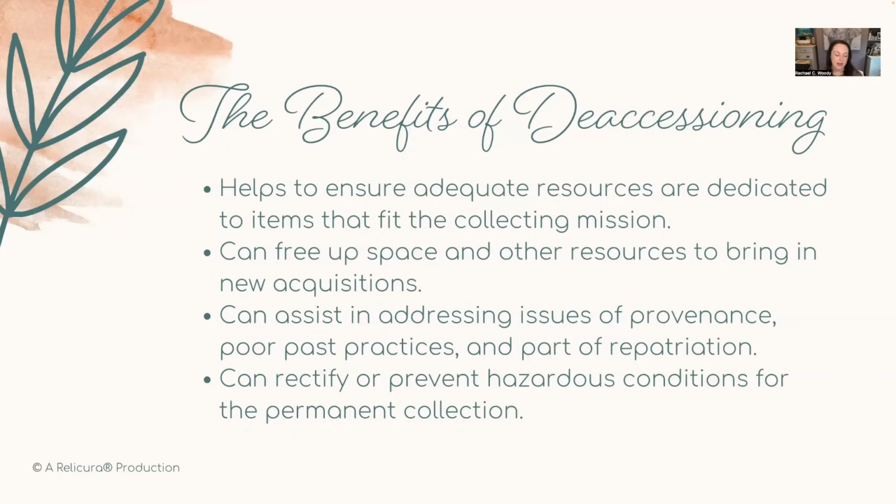And then finally, another benefit, it can rectify or prevent hazardous conditions for the permanent collection. So things that are moldy, are infested with pests, that are so acidic that they're just bleeding through boxes with acidity, all of those things that can cause risk to the rest of your collections should be isolated and in most cases removed.